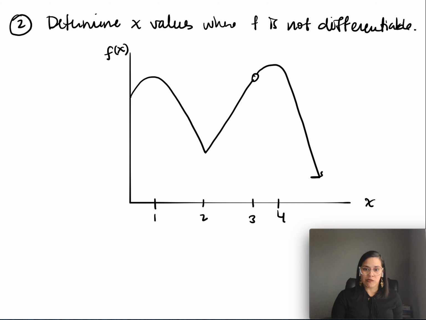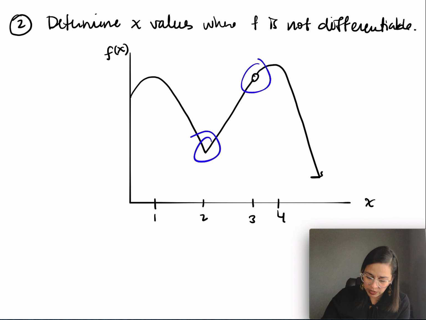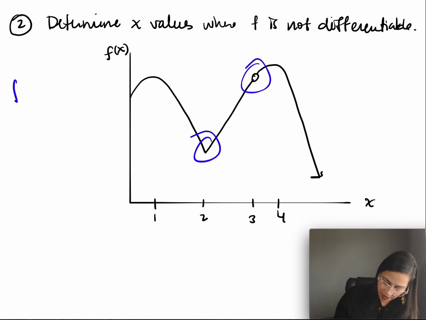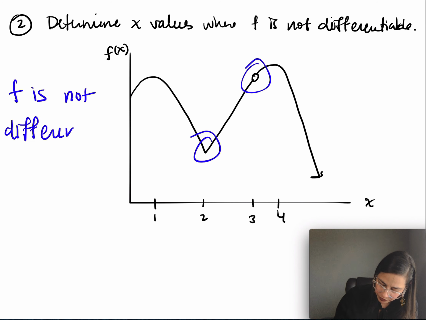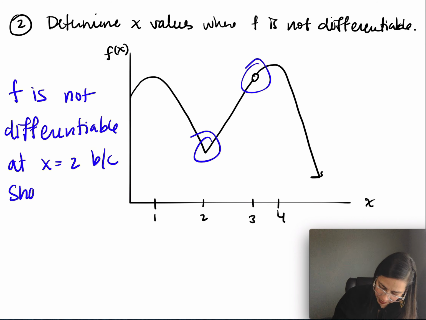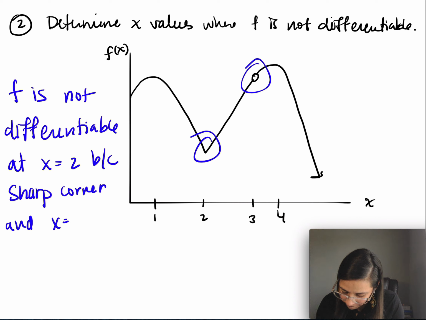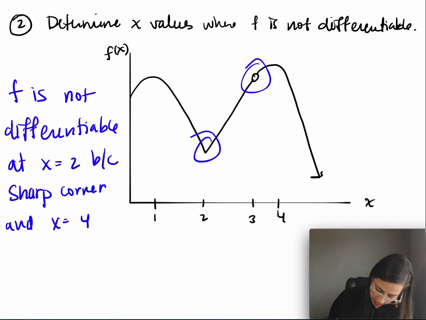Long story short, corner, not differentiable. Discontinuous, not differentiable. So f is not differentiable at x equals 2 because of a sharp corner, and x equals 4 because it is discontinuous.